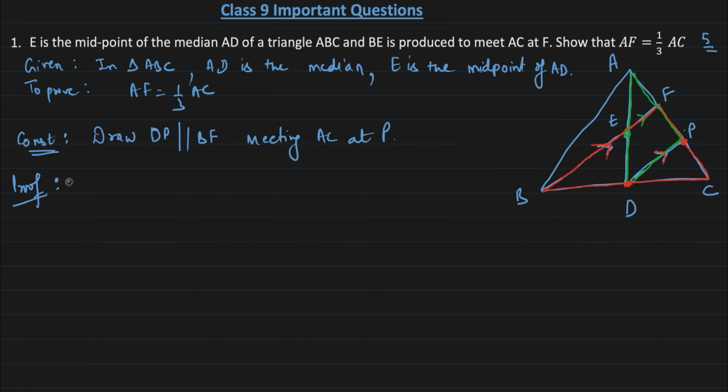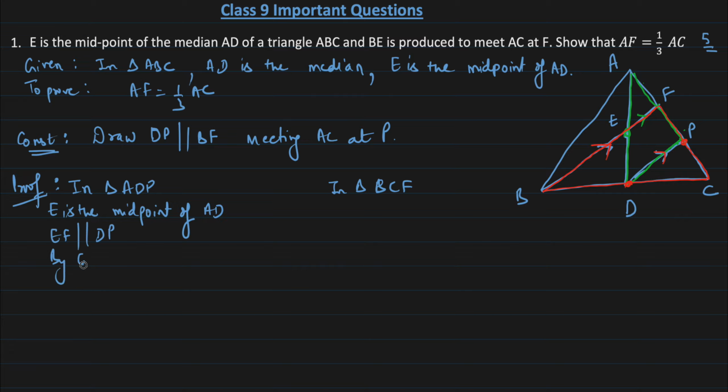Okay, so let's begin with these 2 steps. I'll write here in triangle ADP, one triangle, and another I'm taking triangle BCF. I'll write simultaneously both of them. Here, E is the midpoint of AD in this triangle, and EF parallel to DP.